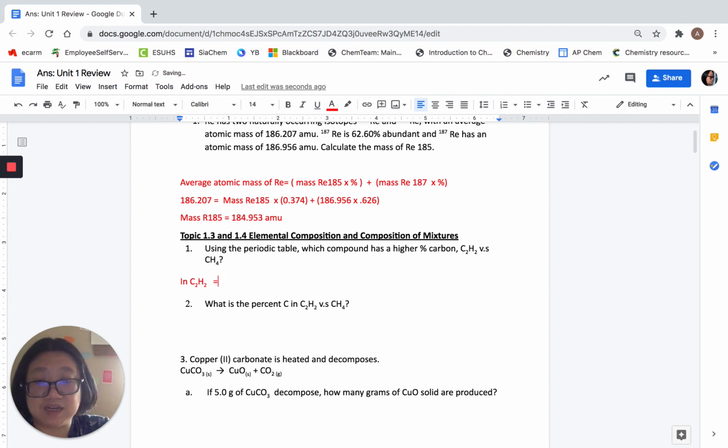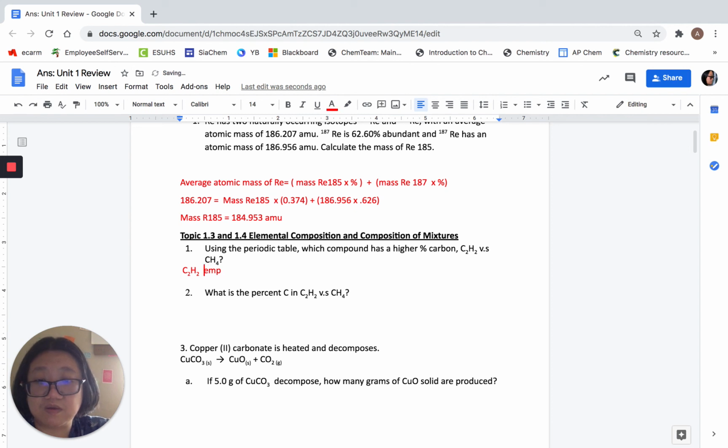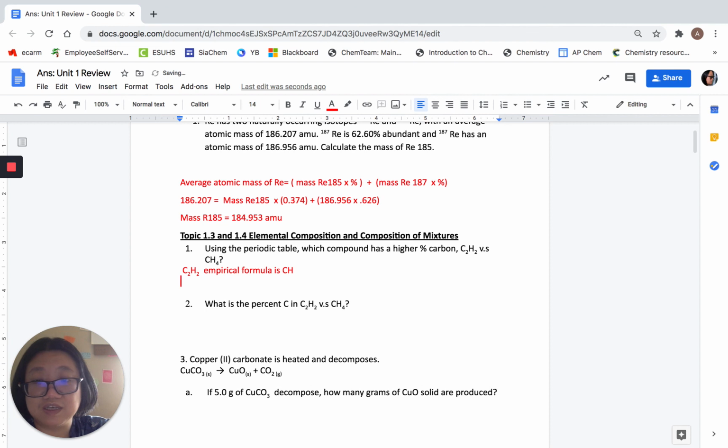C2H2 is basically an empirical formula of CH, meaning that the ratio in C2H2 is basically a 1-to-1 ratio of carbon and hydrogen, versus CH4. You can see that the ratio is 1 carbon with 4 hydrogens.